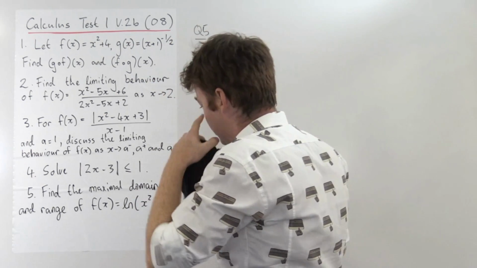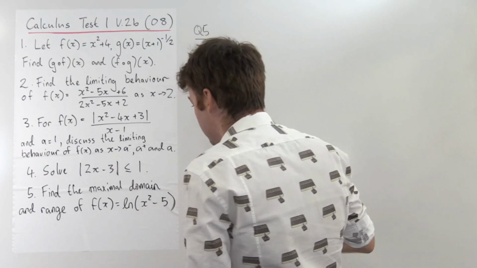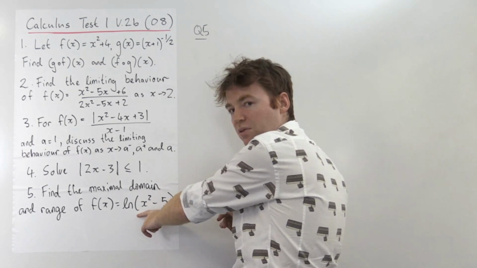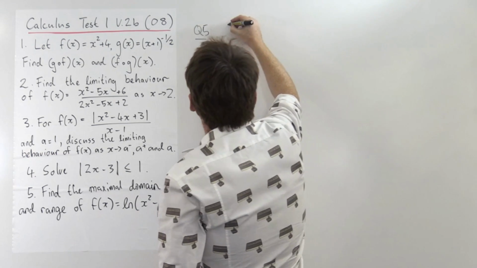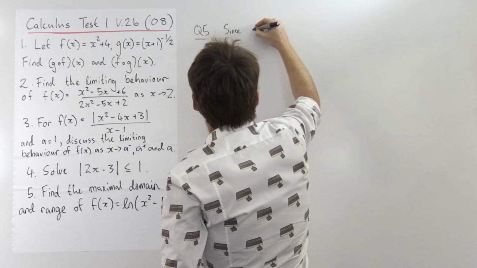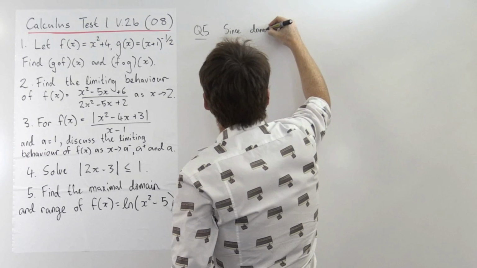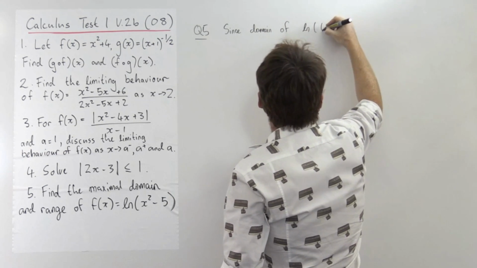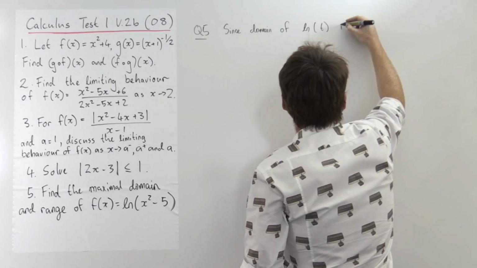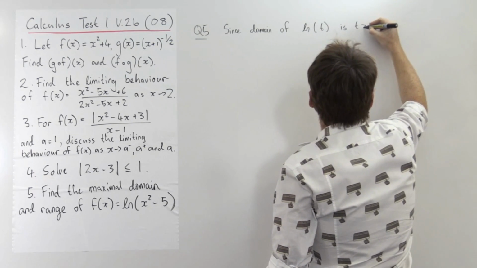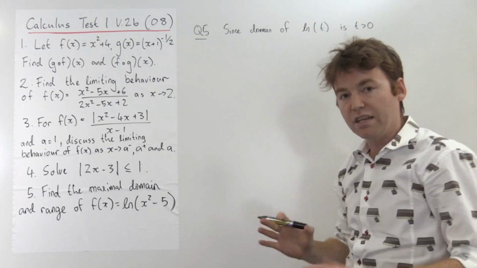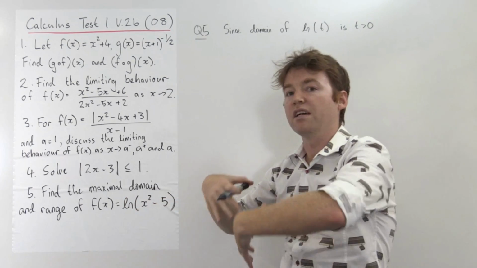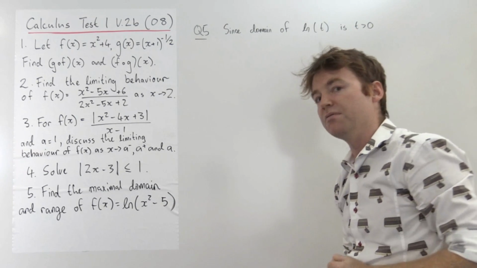Find the maximal domain and range of this function. So let's just talk about the natural log. The natural log is the restriction here, because you can only have the natural log of a positive number.